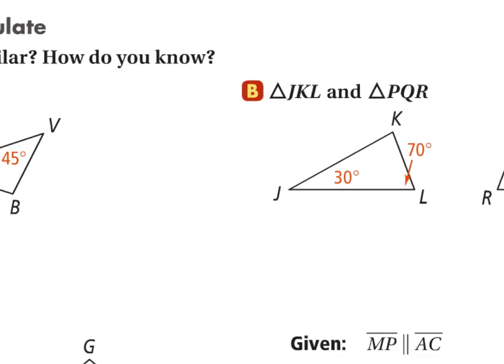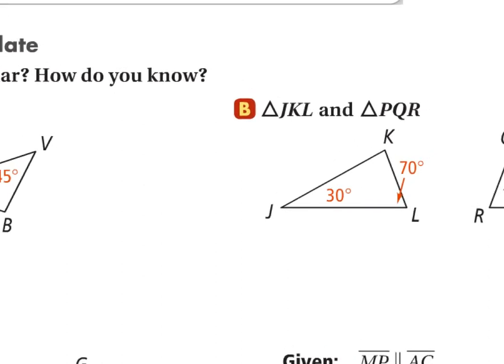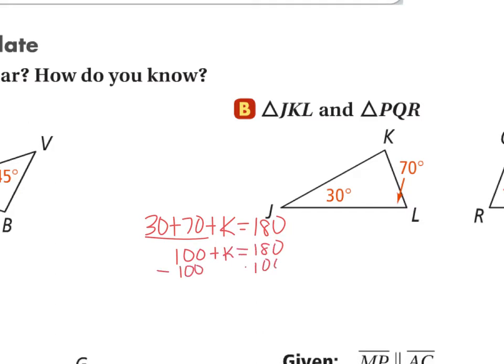So, how do we solve for K? Well, you're going to do 30 plus 70 plus, let's just call it K, equals what? 180. Combine like terms. 100 plus K equals 180. Subtract 100.